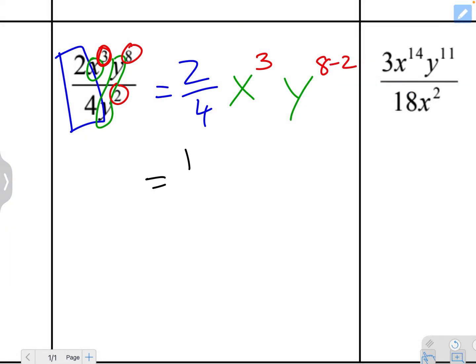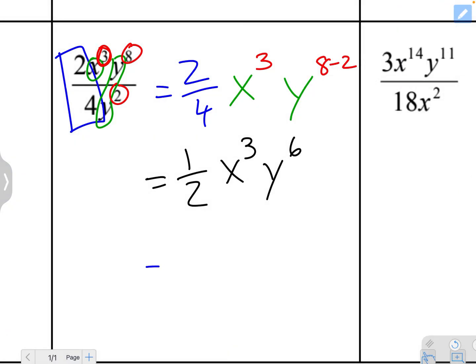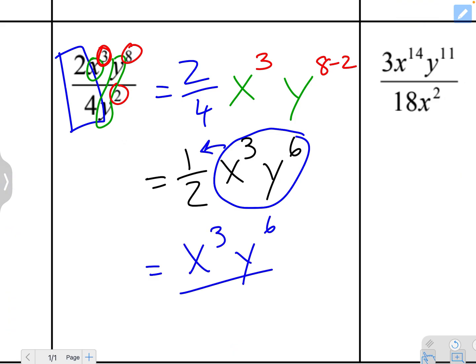So 2/4 is going to simplify to 1/2, x to the 3rd, y to the 6th. Again, that is correct, but it is not my most correct answer. Since both of these are positive, I move them to the top of my fraction. X to the 3rd, y to the 6th, all over 2.